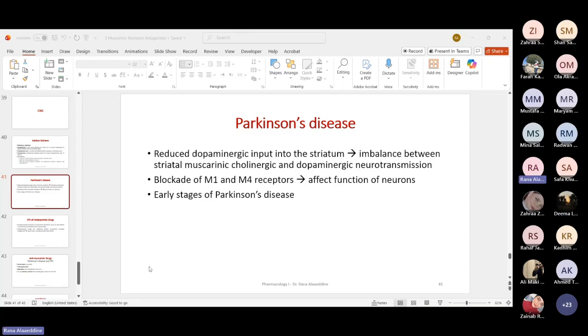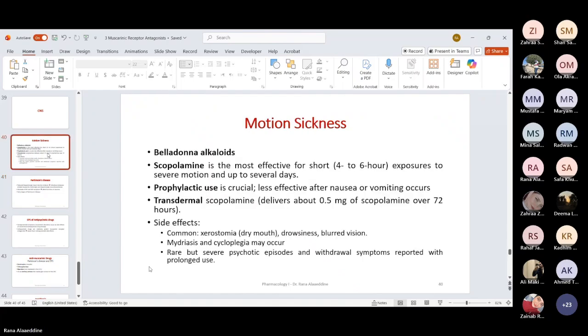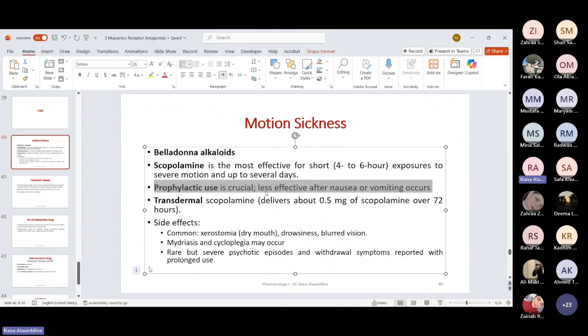Definitely not impossible, but it takes much more time, and sometimes if they vomit, they will vomit. So it's more optimal to treat before. The drugs are prophylactic, not treatment. It's much less effective after nausea and vomiting happen.